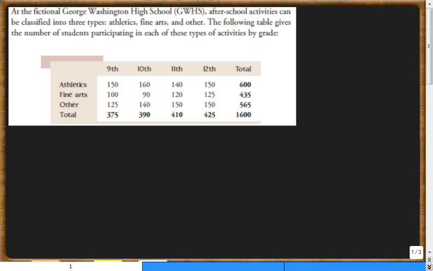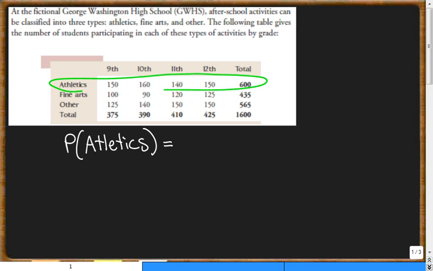Well, if we said the probability of someone being in an athletic club, we need to take all of the people in the athletic club, so 600, and divide them by the total number of students, which is going to be 1,600.